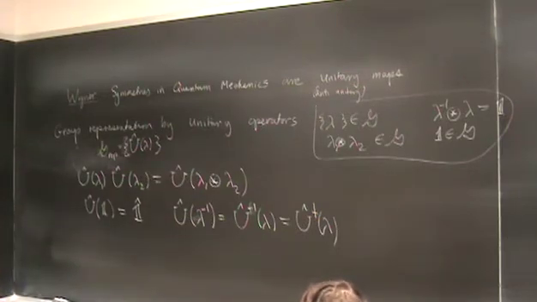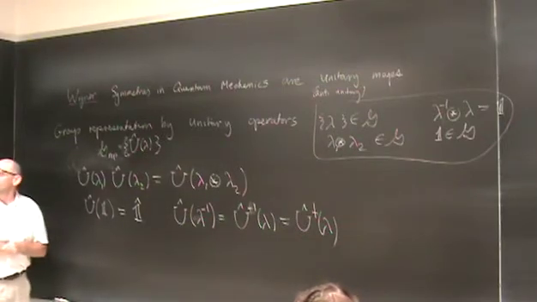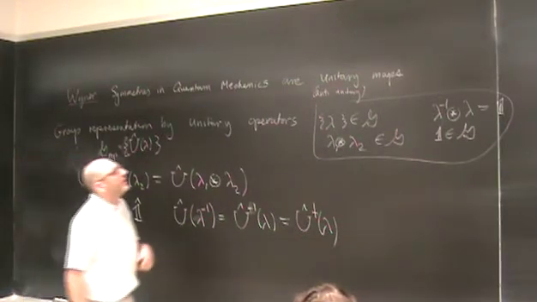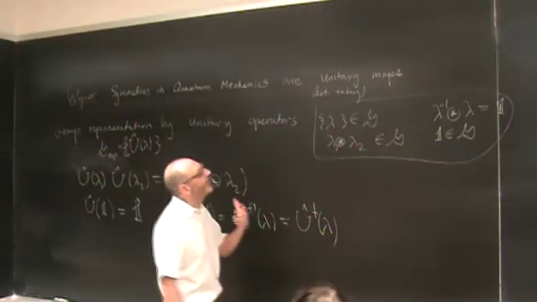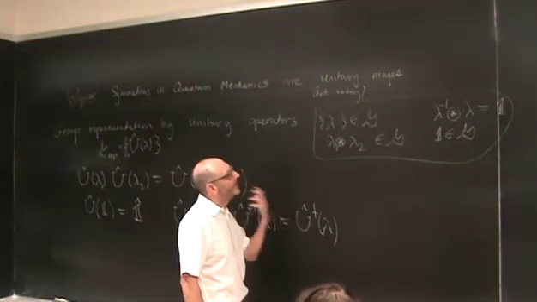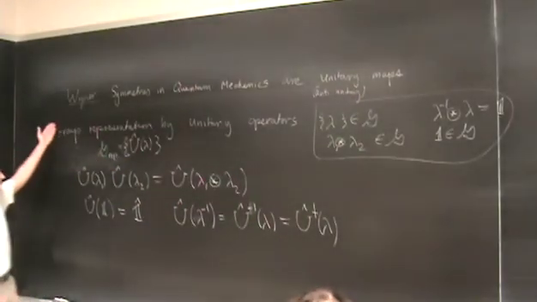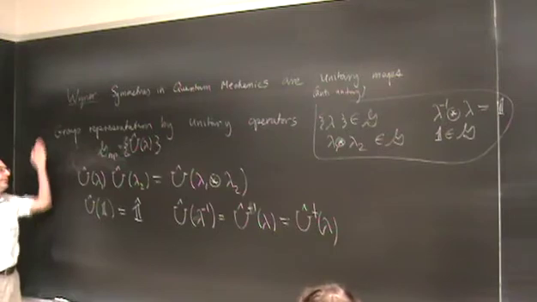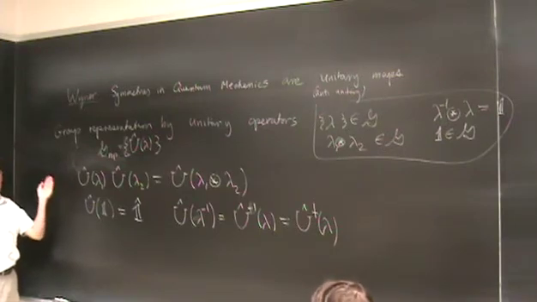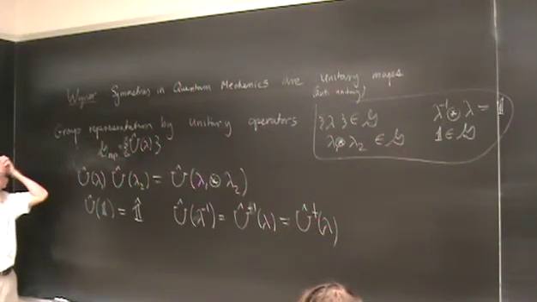Okay, but as I was saying, the set of symmetries, the set of things that perform, let's say, a time translation, are a group, and we can, through Wigner's theorem, say that that group is represented by a set of unitary operators.